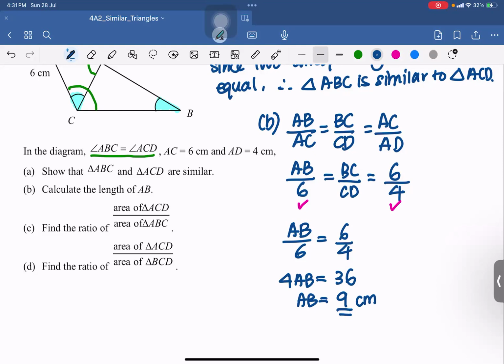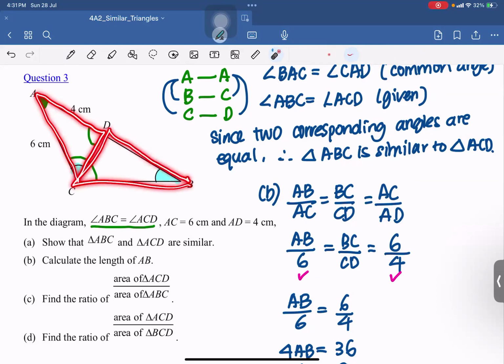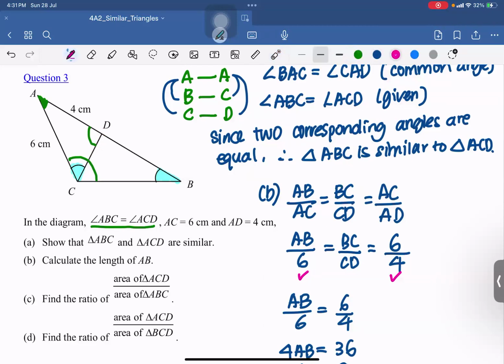Next one, part C, we're going to find the ratio of the area of triangle ACD over here and triangle BCD over here. So what do we notice about the two triangles? These two triangles lie side by side each other. They share a common height, 90 degrees.